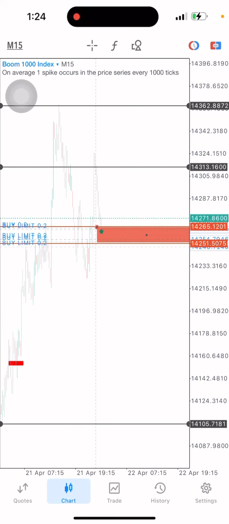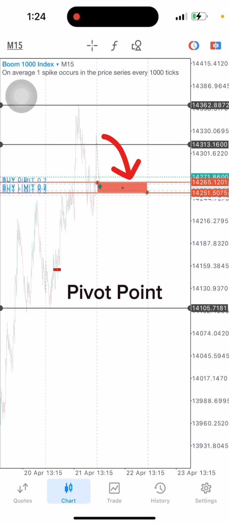Now the zone you've identified is known as the pivot point. This is the pivot point.